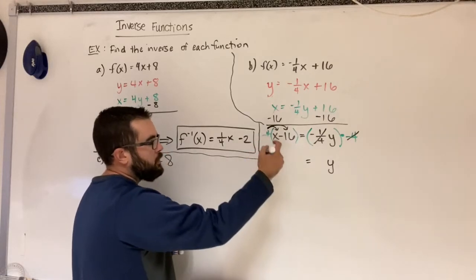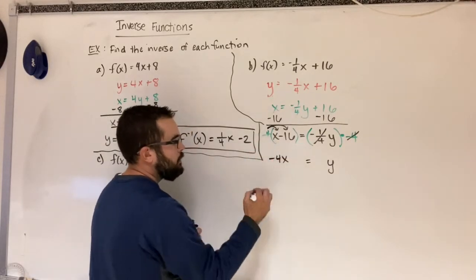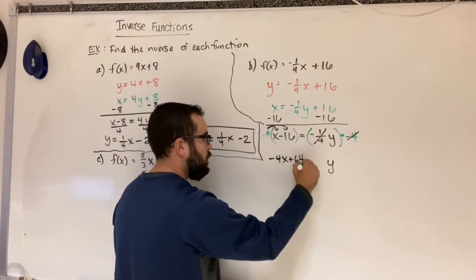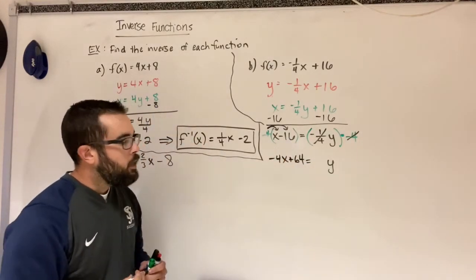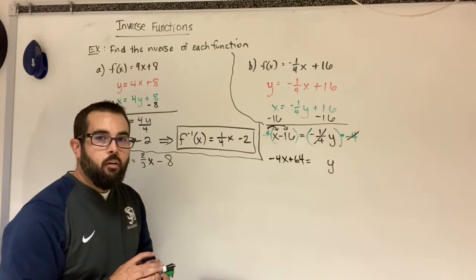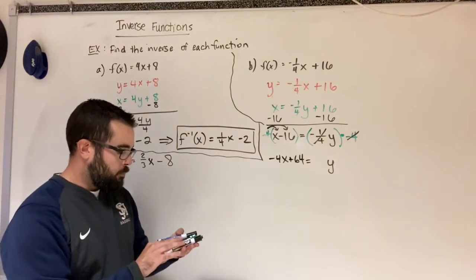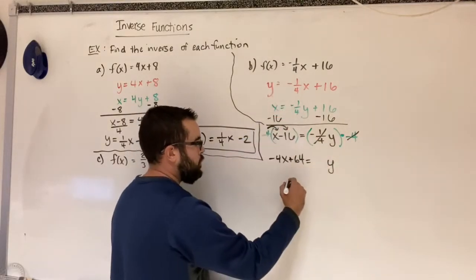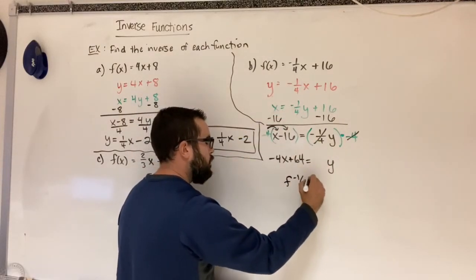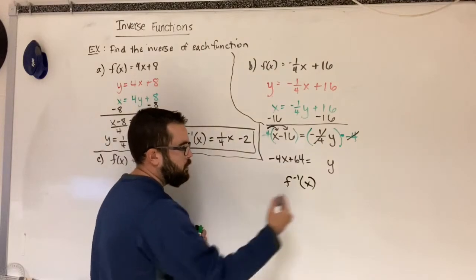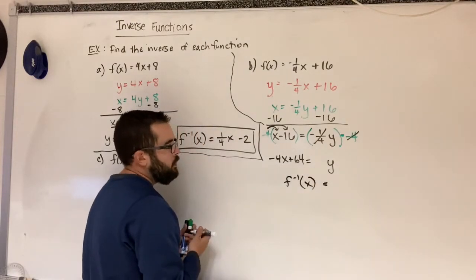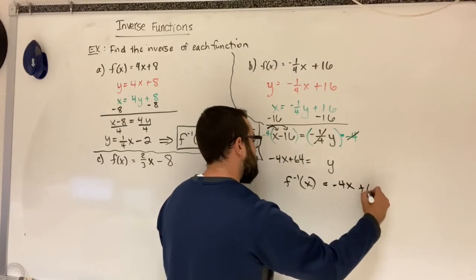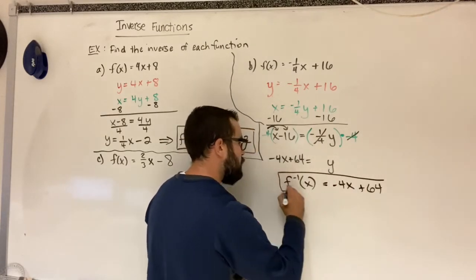So we have negative 4 times x, which is negative 4x. Negative 4 times negative 16 is a positive 64. And now I have y by itself. So I finished the problem by doing the inverse notation. The inverse of f of x is equal to negative 4x plus 64.